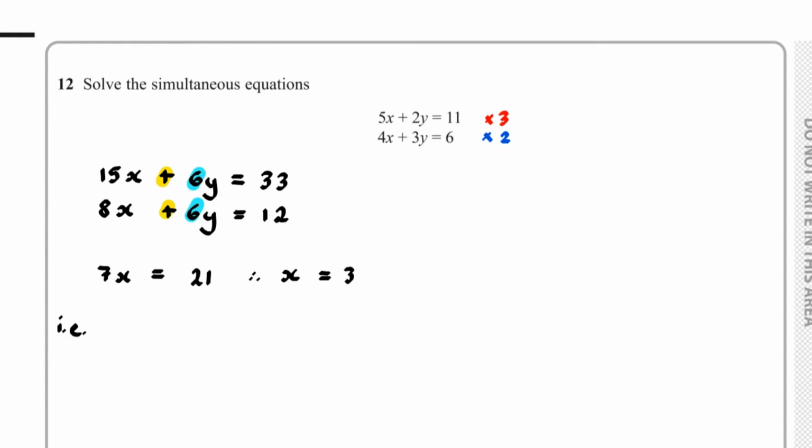And when x is 3, we can find the corresponding y coordinate. We can substitute into either equation. Let's substitute into this first equation. We've got 5 multiplied by 3.